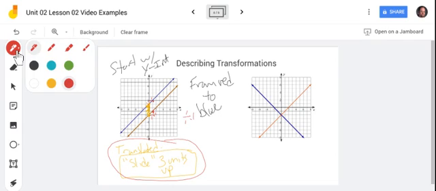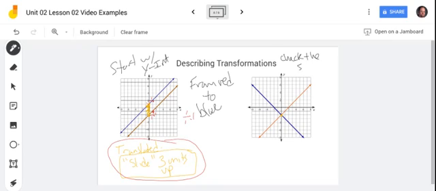Now let's look at the next one. I look for the y-intercept first. Notice the y-intercepts are exactly the same. That means there is no translation. So we first looked for our y-intercept, and then second, check the slope.